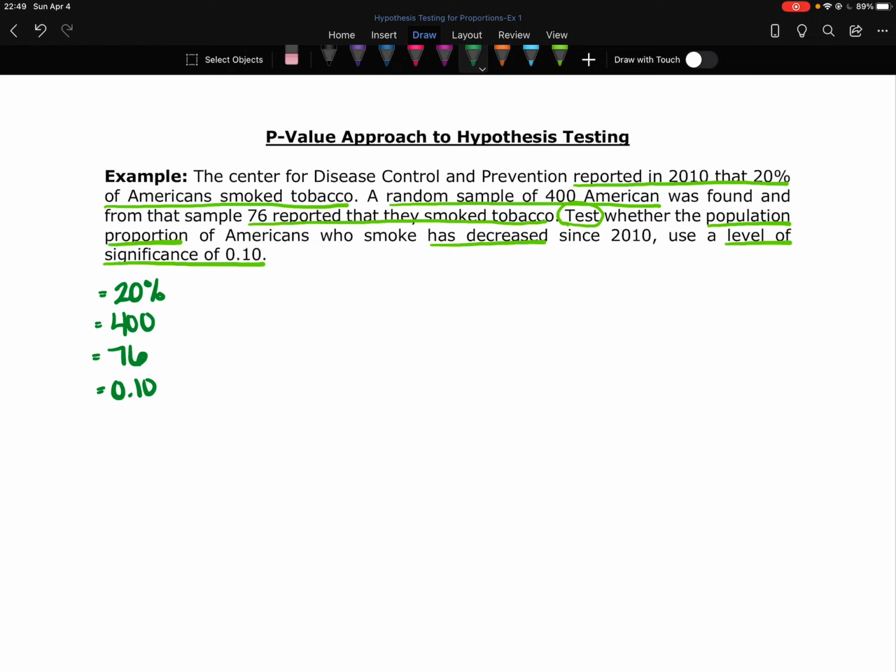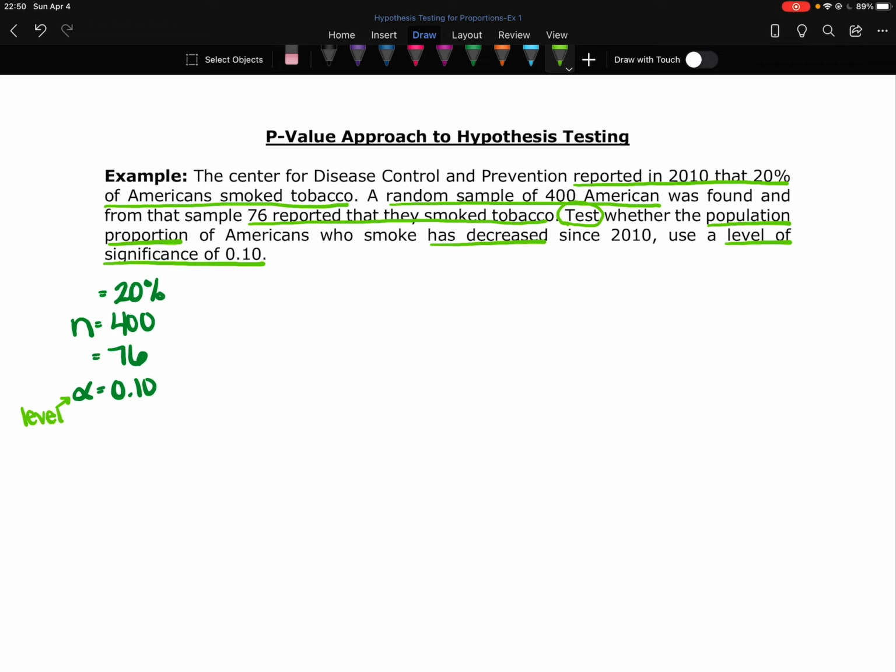So I'm going to start with what I find easy. So a sample of 400 Americans. They sampled 400 people, so that's my sample size, which is n. A level of significance of 0.10. Anytime I see level of significance, that's my alpha. Level of significance and alpha are the same thing.